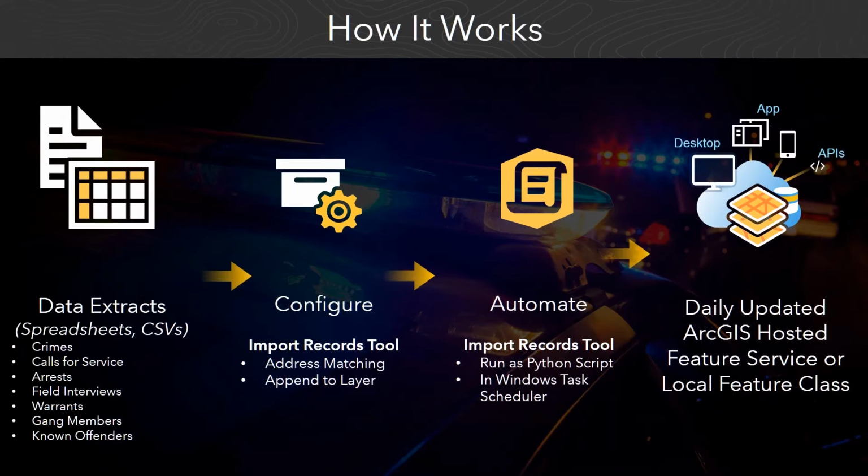From there, we use a second tool that is also called the Import Records tool. We are going to set it up to run in Windows Task Scheduler as a Python script, on a nightly basis, and it's going to perform the process of geocoding and then publishing the results to either a local feature class or an ArcGIS Online hosted feature service, whichever you define in your configuration file.